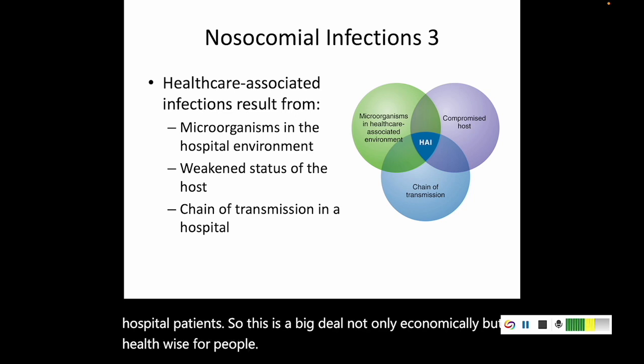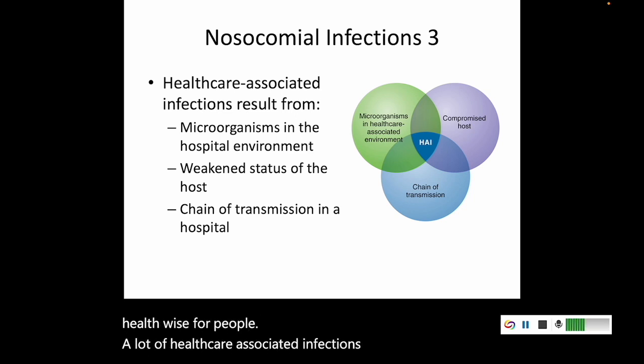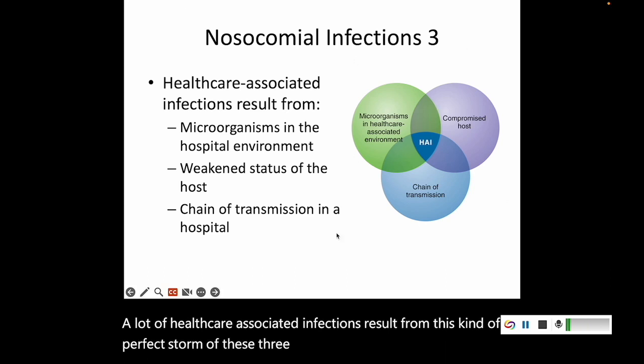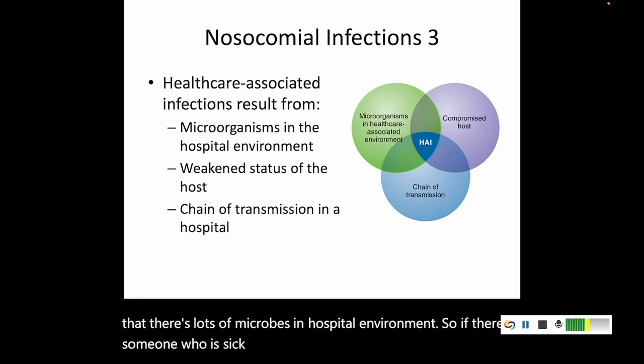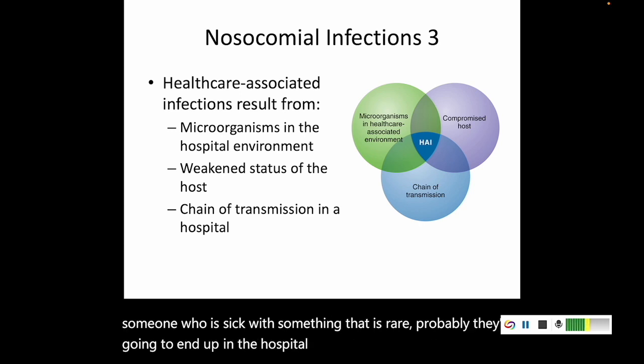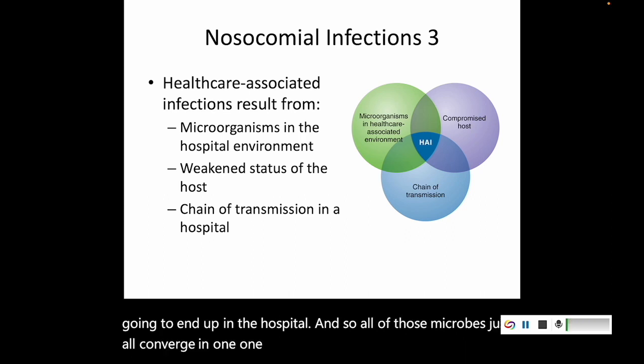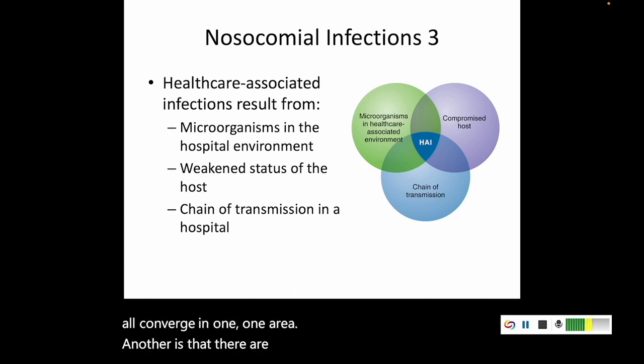A lot of healthcare associated infections result from this kind of perfect storm of three different qualities that we see. One is that there's lots of microbes in a hospital environment. So if there is someone who is sick with something that is rare, probably they're going to end up in the hospital. And so all of those microbes just all converge in one area. Another is that there are lots of hosts that are weakened. They are sick with something.